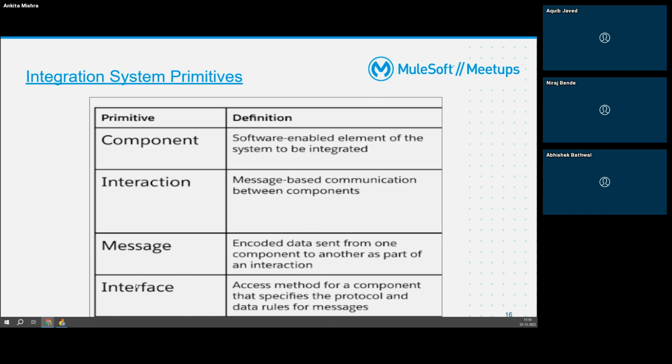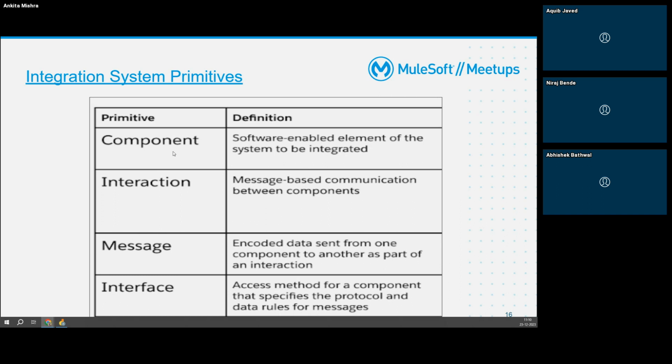And then what is an interface? Interface is the access method for a component that specifies the protocol and data rules for messages. Because the components are two different components, right? They might not know each other. But before sending a message to another component, you need to understand what rules and protocols my other component follows.